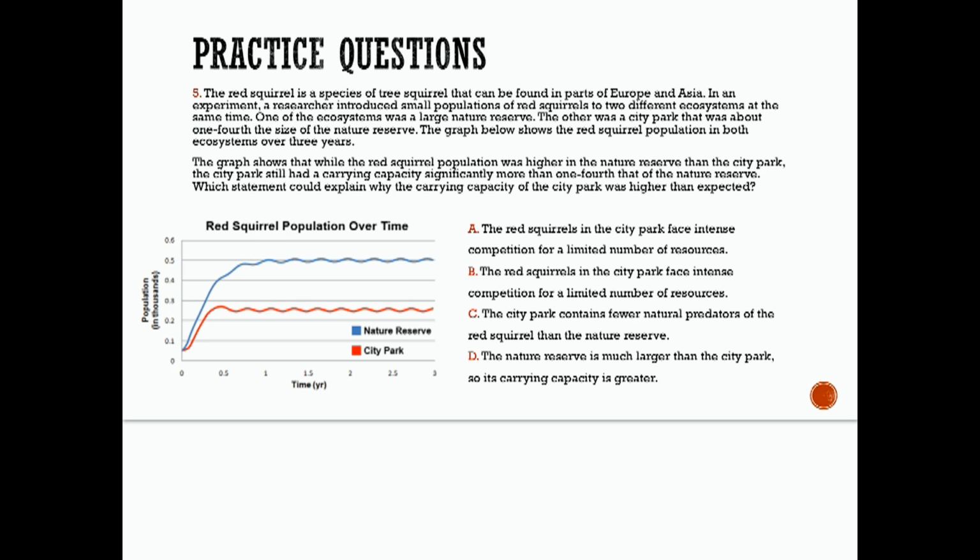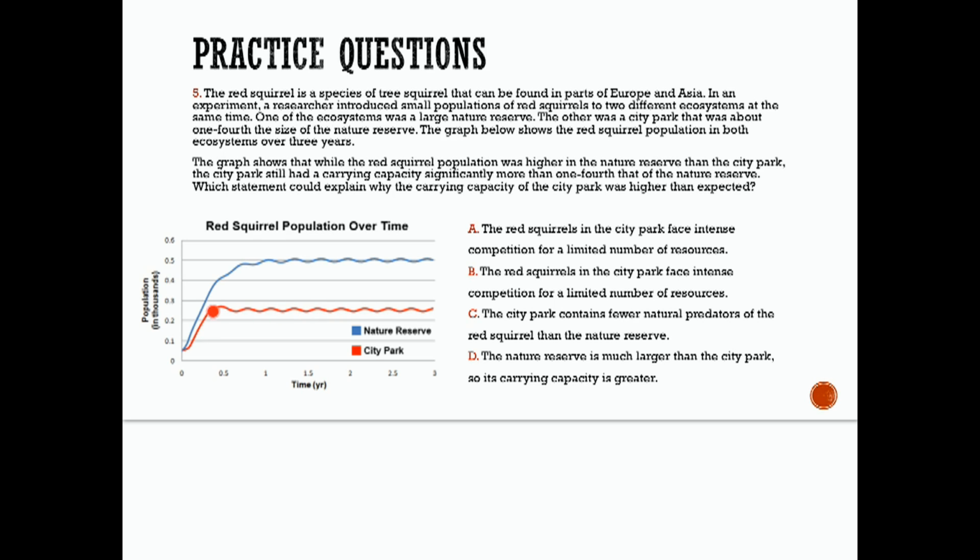The graph shows that while the red squirrel population was higher in the nature reserve, it's the blue, than the city park in the red, the city park still had a carrying capacity significantly more than 1/4 that of the nature reserve.